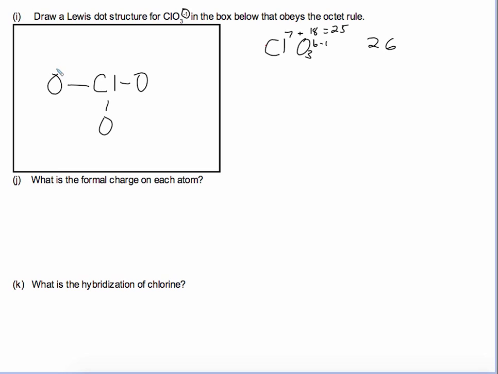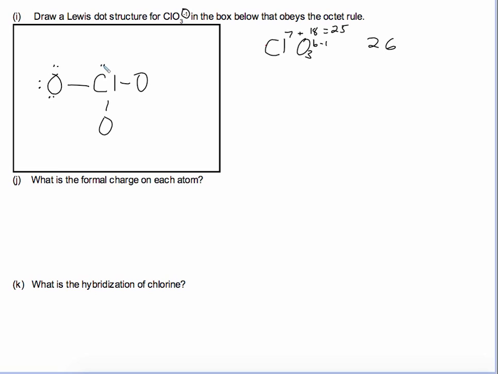And then what I'm going to do after that is, since it wants it to obey the octet rule, I'm going to put 8 electrons around everything. So 2, 4, 6, the bond counts 2, 8.